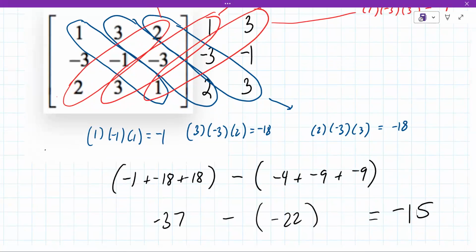I will again check this one because it's possible to make mistakes. And I know you get graded based on not just your work, but whether you got the right answer. So let's take a look here. That does look okay.